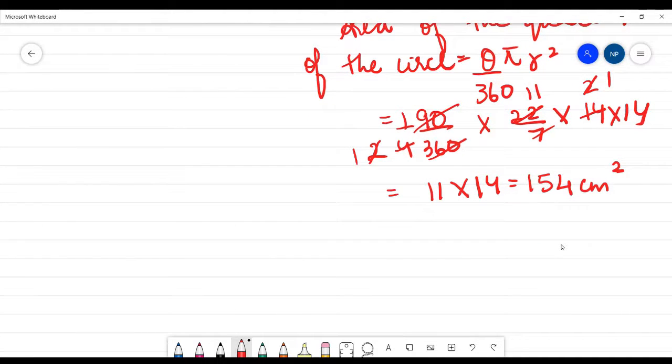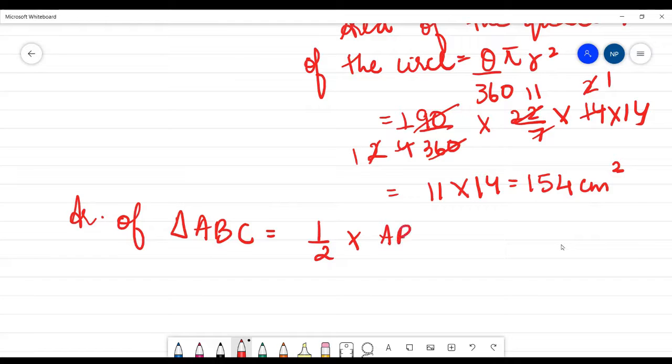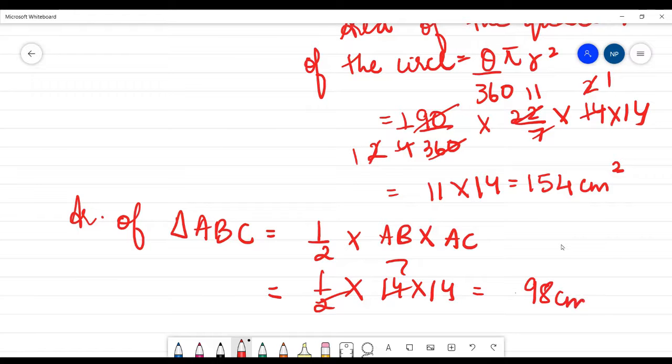Then the area of triangle ABC is half into AB into AC. AB will be the height and AC will be the base. Since it is a quadrant and the radii are always equal, the height and the base have equal length, that is 14. Half into 14 into 14 is 98 centimeter square.